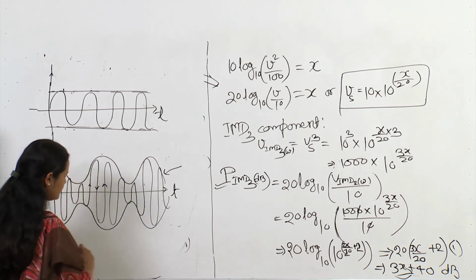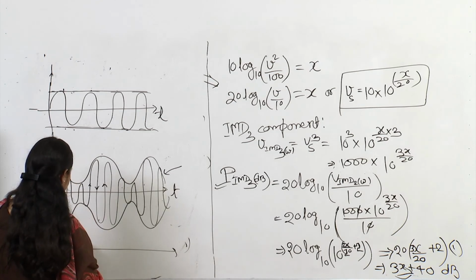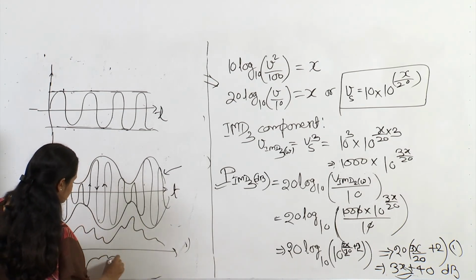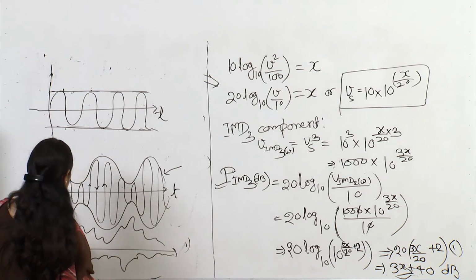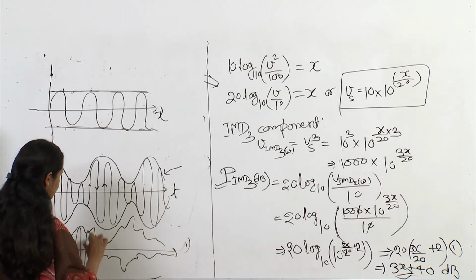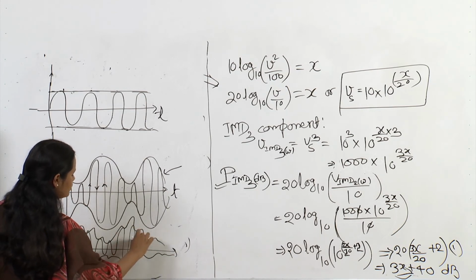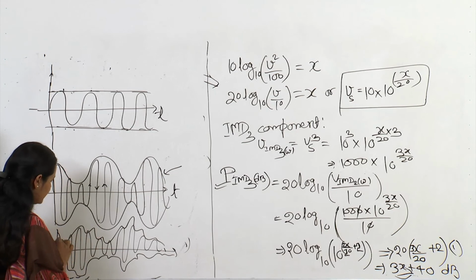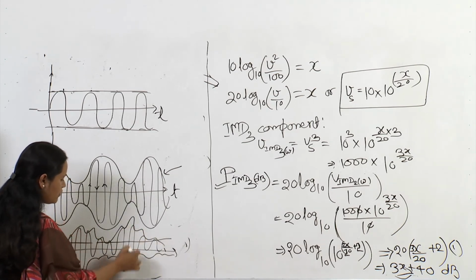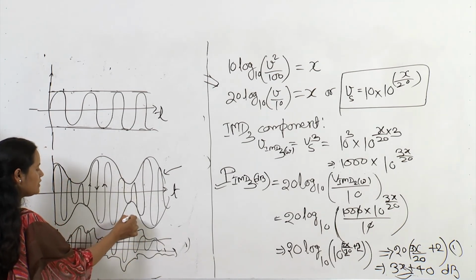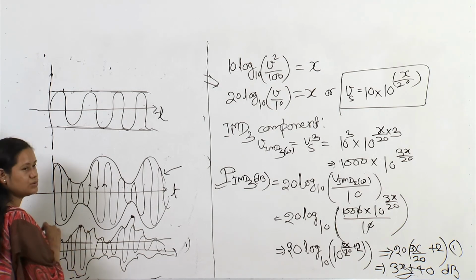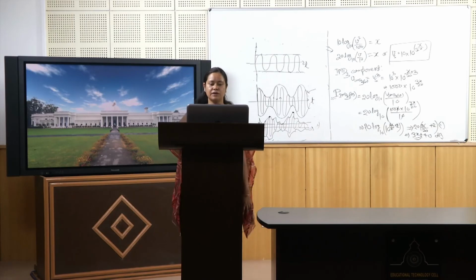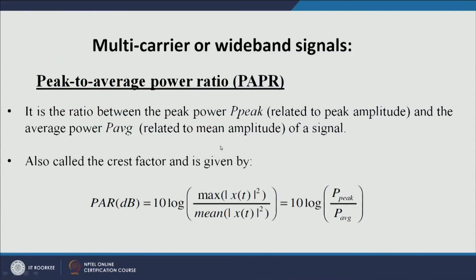So, you will have some strange kind of envelope, you can have anything because there are more tones, and this is how the waveform moves. So, basically when you calculate the average, the average can lie somewhere here, of all the values, but the peak can reach some higher values. Because of that this PAPR comes into the picture, which is the ratio of the peak and the average power.